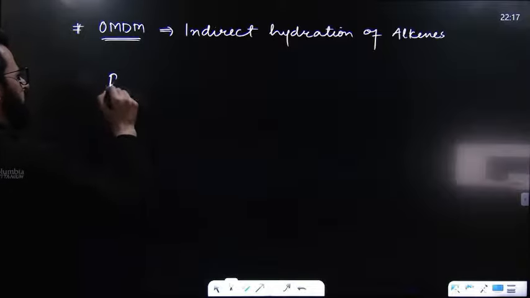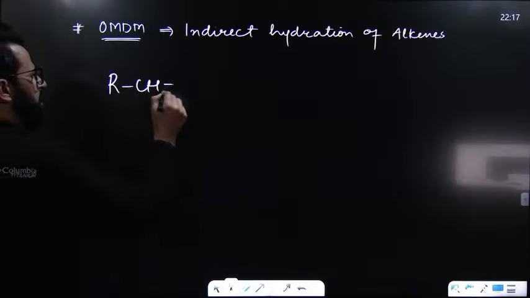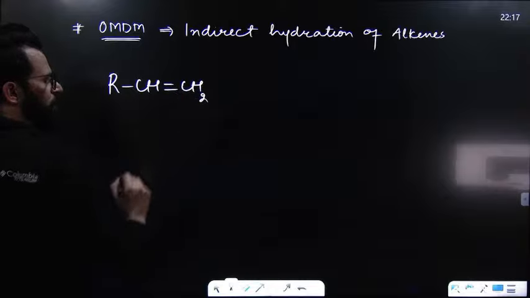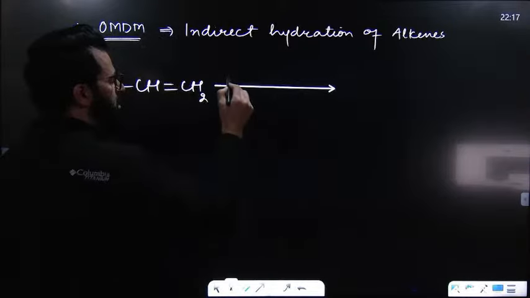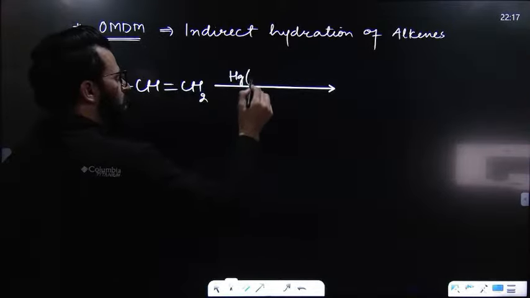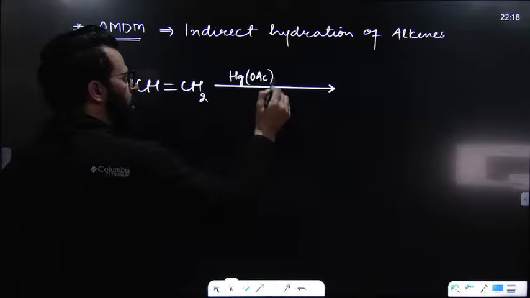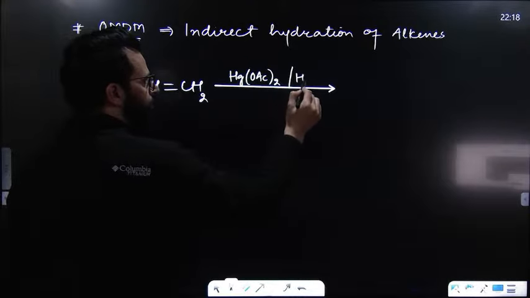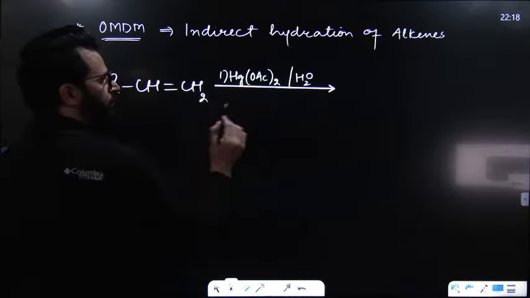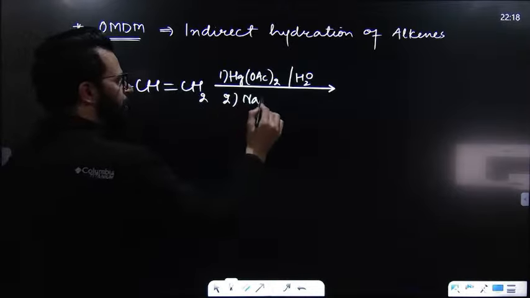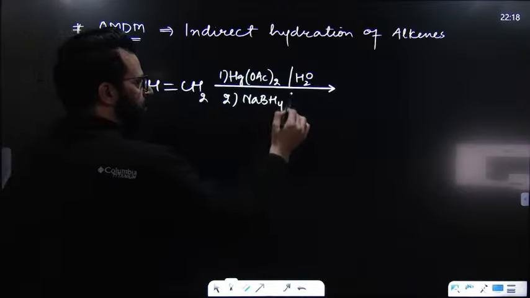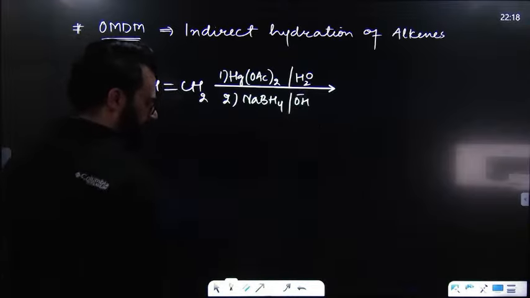Have a look. If you have an unsymmetrical alkene, and to that alkene this reagent is used, Hg(OAc)2, I mean mercuric acetate and water, then oxymercuration will take place. After that, if NaBH4 is also there in basic medium, then remember demercuration or reduction will take place.